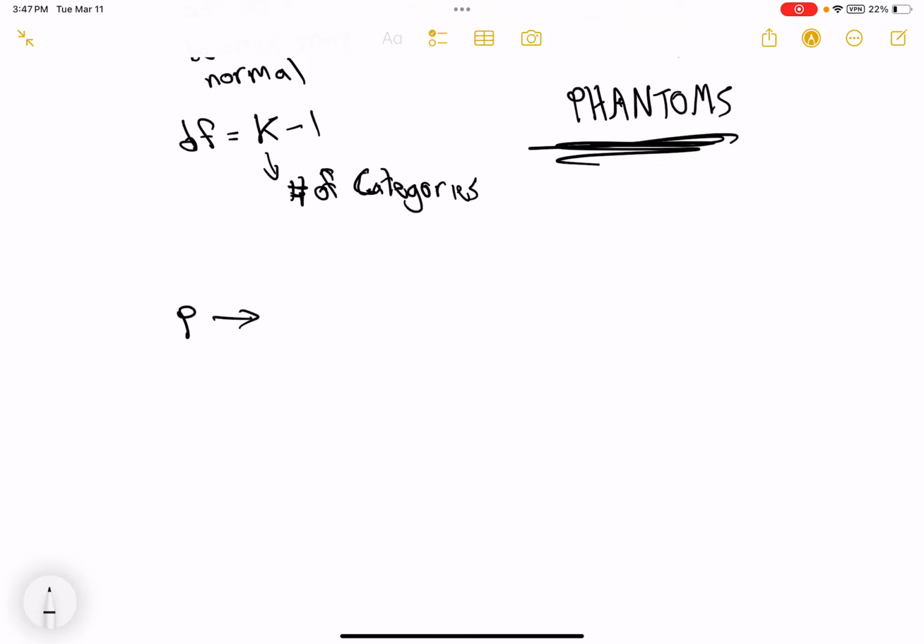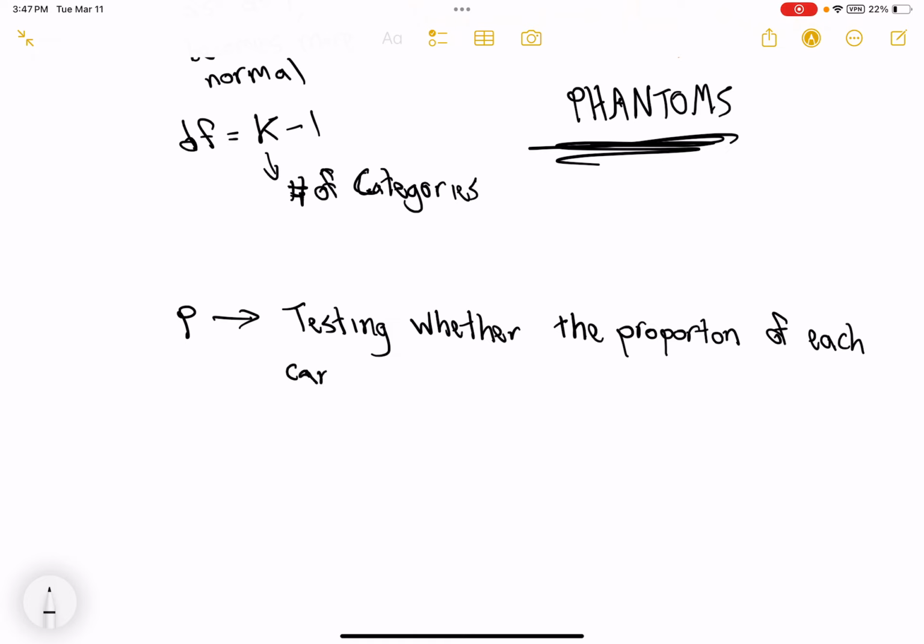Now, you can either voice this parameter on your own, or as it says on the slideshow, you can put all of the context into your hypotheses. But for the sake of argument, the parameter we're looking at is we are testing whether the proportion of each candy flavor is equal to 20%, right?